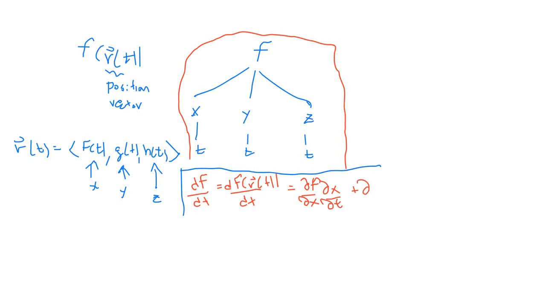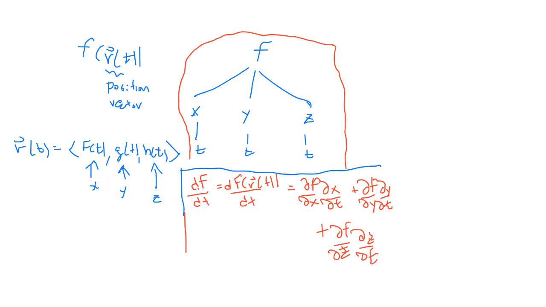Partial of f with respect to x times partial of x with respect to t, plus partial of f with respect to y times partial of y with respect to t. And then finally, partial of f with respect to z times the partial derivative of z with respect to t. Right?